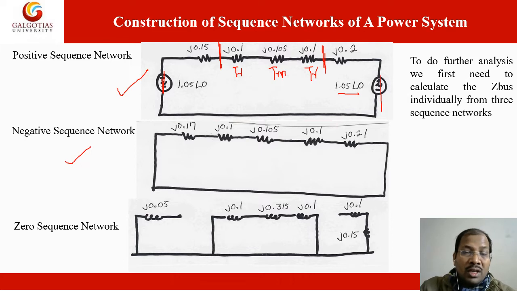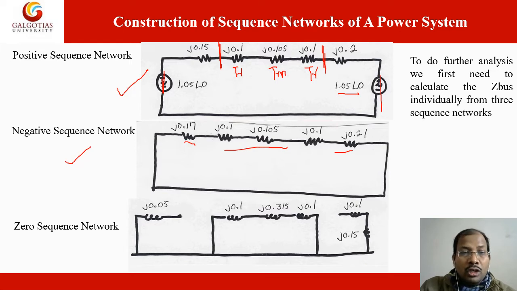Only the transformer and transmission line impedances are the same for positive and negative. Only the load and generator positive sequence impedances are converted into negative sequence impedances, which are already given, so you just have to write them.